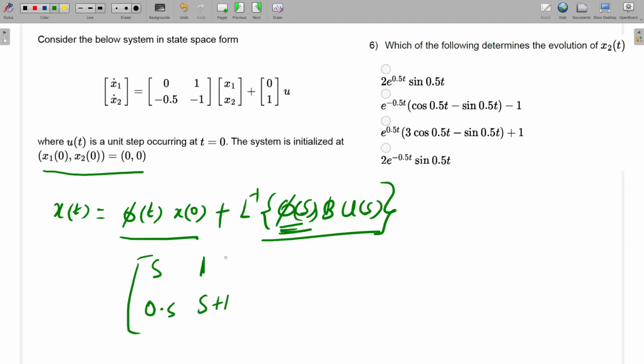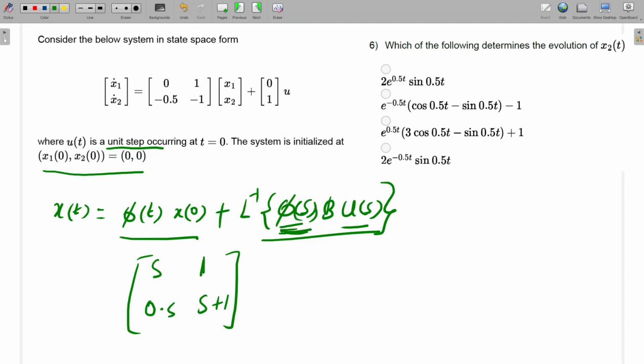The C value is not given here. One second. Is C given or not? Okay, so C is not required because phi of s, B, U of s is all we need. U of s is the step input.